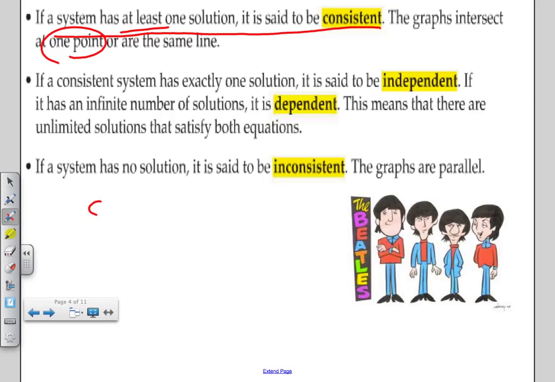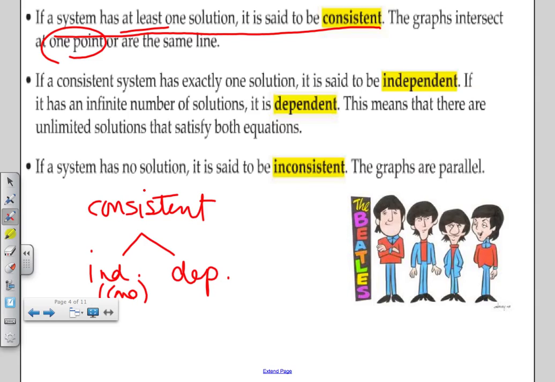Now, in a consistent system, they can either be independent or dependent. If they're independent, there's just one solution. If they are dependent, it's an infinite number of solutions.